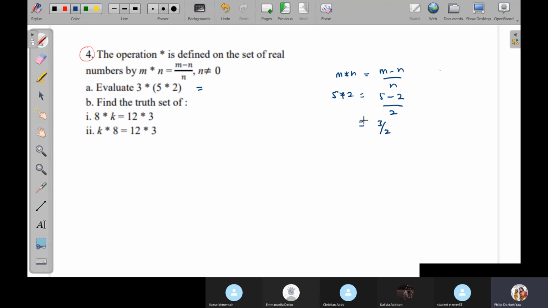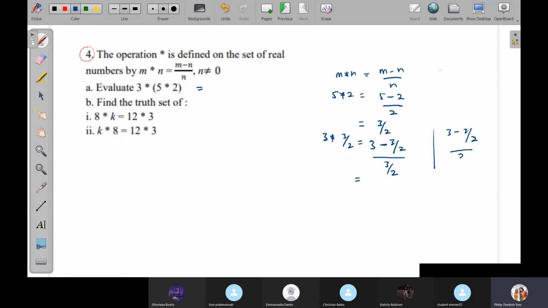Then now we combine 3 star the solution for 3 on 2. We use the same rule, and that is going to be 3 minus 3 on 2 all over 3 on 2. Simplifying the numerator, 3 minus 3 on 2, LCM is 2.